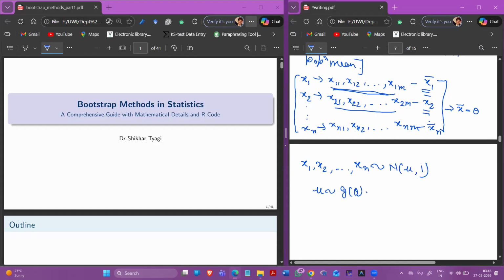We were basically taking the sample units x11, x12, x21, x22, and xn1, xn2, and so on. But if you see this, we are failing in the real life situation, even in the Bayesian.